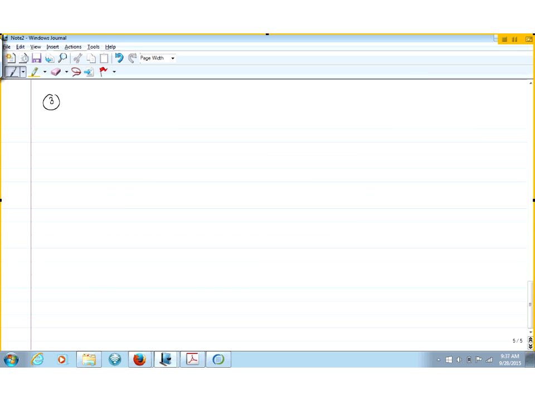So number 3: a over 2 plus 1 is less than or equal to 3 over 2. And then number 4: 2 is greater than 2 over 3 minus k over 3.